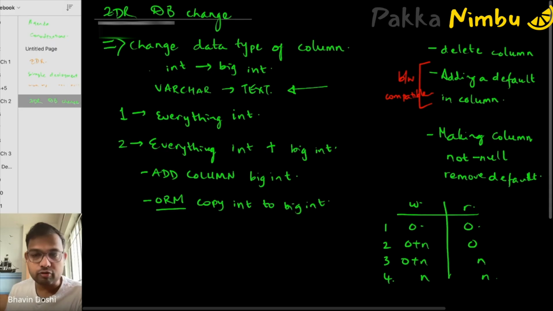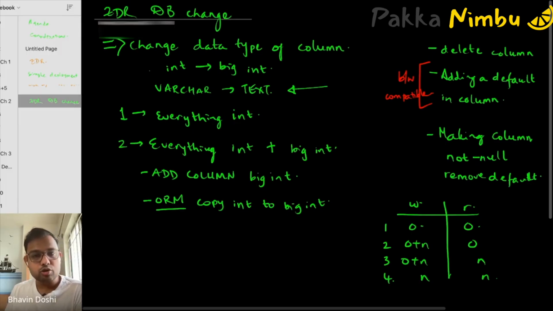Yeah, that's a flavor. So we will cover that. Basically, if you have tons and tons of data and you want to do a backward incompatible change, then you need to do something extra. उस पे थोड़ा अलग से आता है. पहले ये base समझ लो.